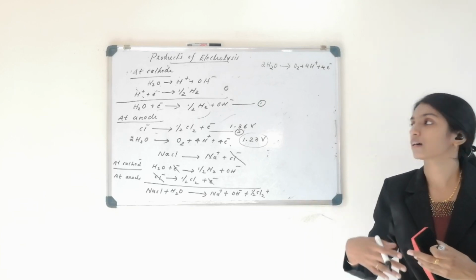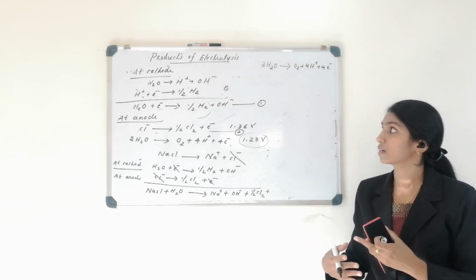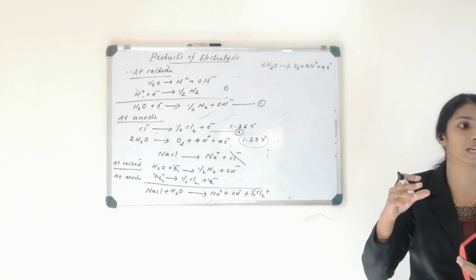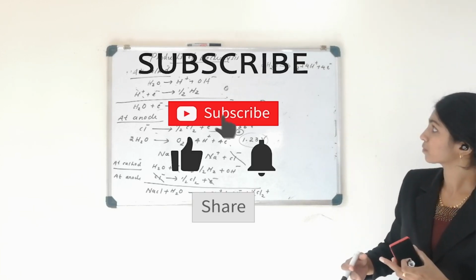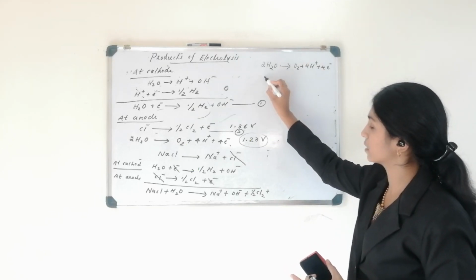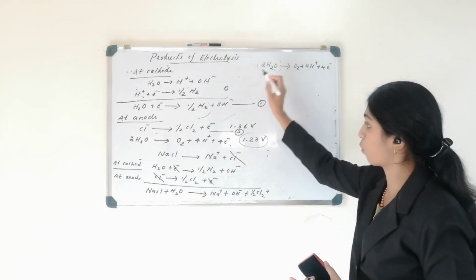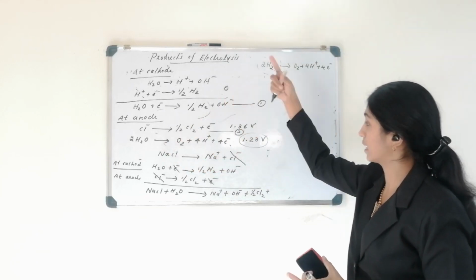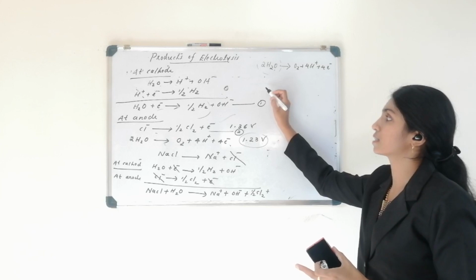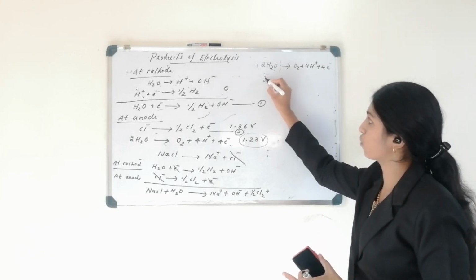And in addition to this H plus ion, there is another ion, that is the sulfate ion. So we can write, sorry, here the reaction is of OH minus ion. At the anode, the reaction is of OH minus ion. Similarly, we have sulfate ion, SO4 2 minus.